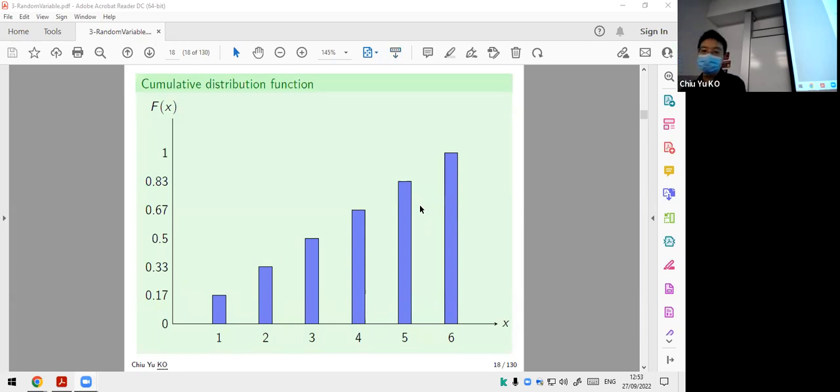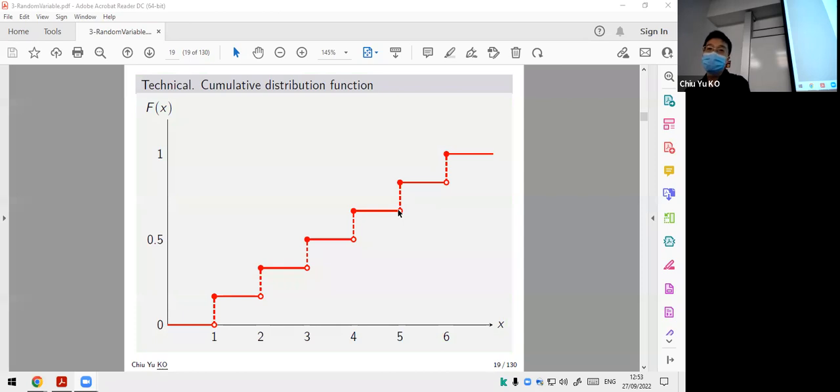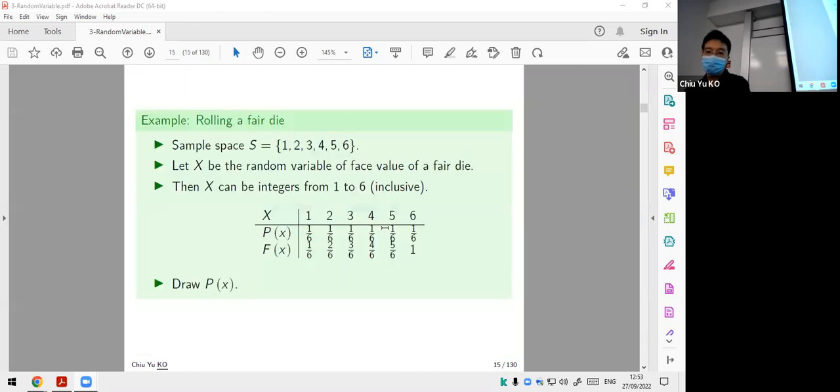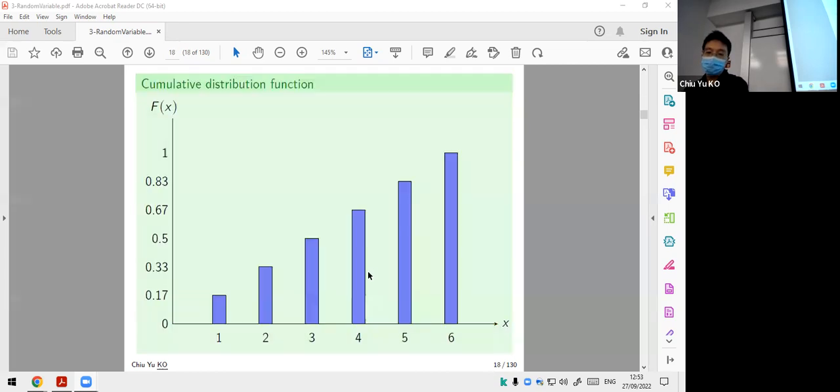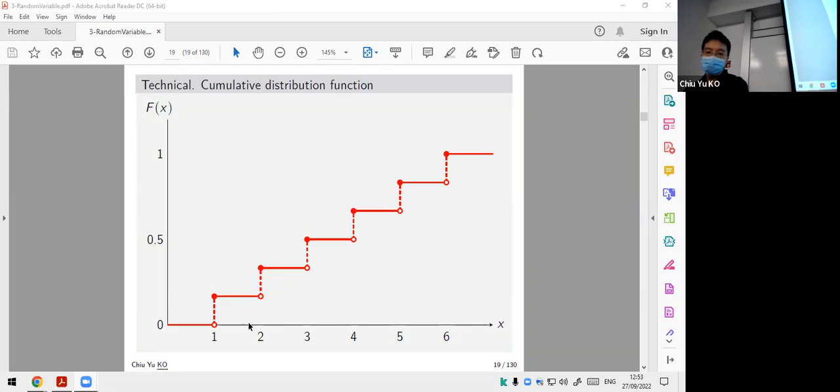But remember, in reality this is what the math defines, because the definition says the probability that X is less than or equal to x, right? So for x between 1 and 1.5, it's the same thing, okay? So that's why it is not 0 here. There will be something, okay?